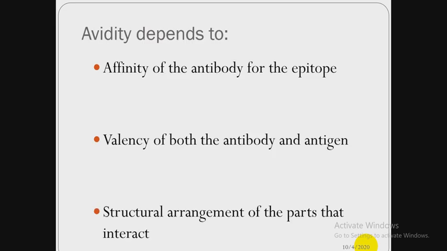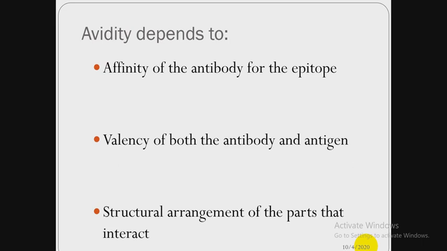Avidity depends on different factors. First of all, the avidity depends on the affinity of the antibody for the epitope. But besides the affinity, we have two other factors. The second one is the valency of the antibody or the antigen.